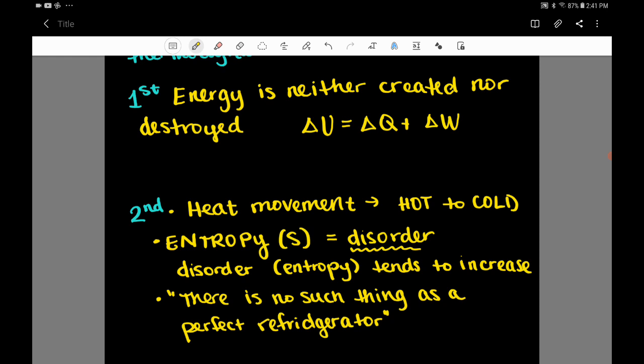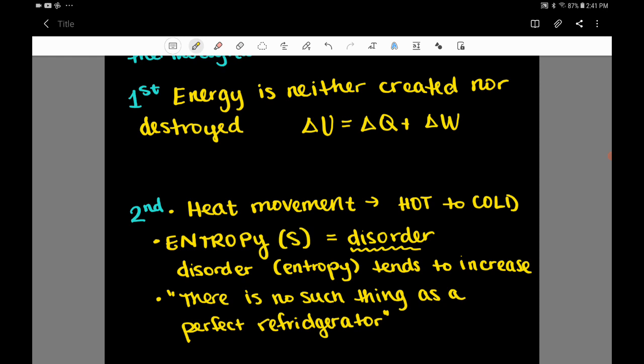Okay, so in relation to heat and in relation to disorder, a little bit of this perfect energy in our first law has to go somewhere. A little bit is lost as heat or as light or as something else. We're not going to be able to get 100% of the work. That's where the idea that there's no such thing as a perfect refrigerator really comes from: you're going to lose something along the way.